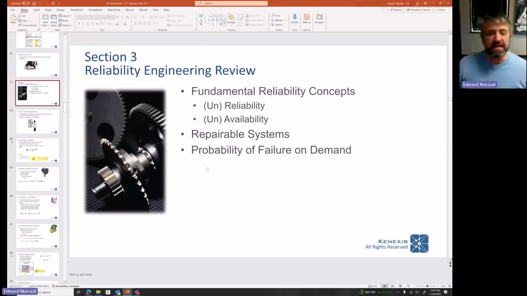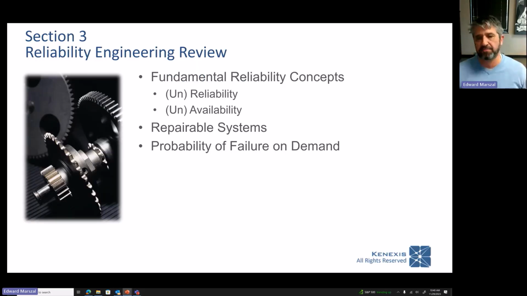So where did the equations come from? They came from two essential concepts of reliability engineering: unreliability, which is the complement of reliability, and unavailability, which is the complement of availability.